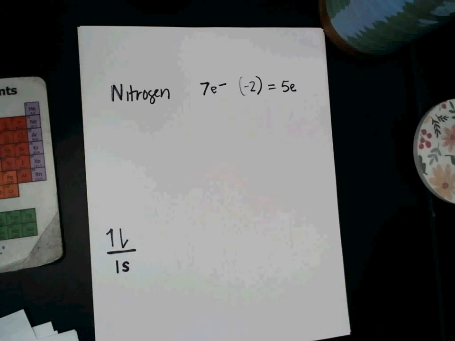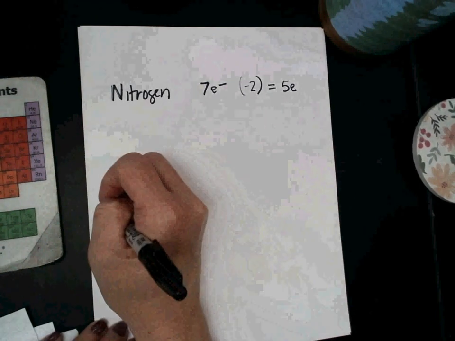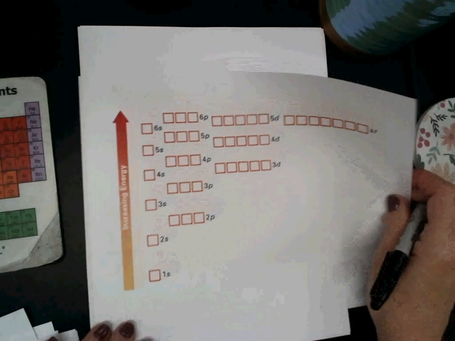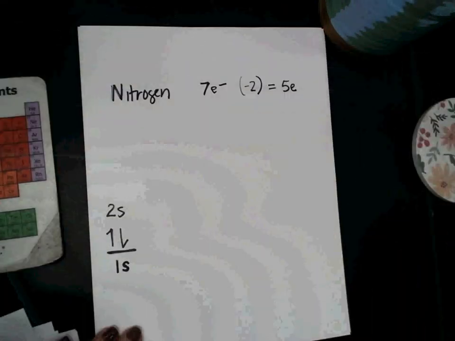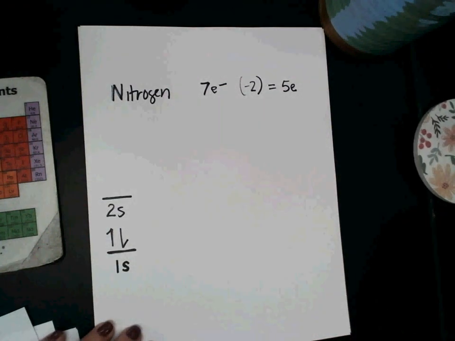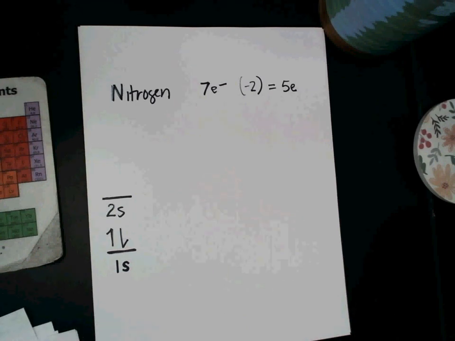Now look at your card and see what fills next. 2s. So I'm going to write 2s just like it is on this paper. See how it's above the 1s? So I just go up to my next line. If I had notebook paper, I would write 2s and draw my orbital location. How many electrons can that hold?